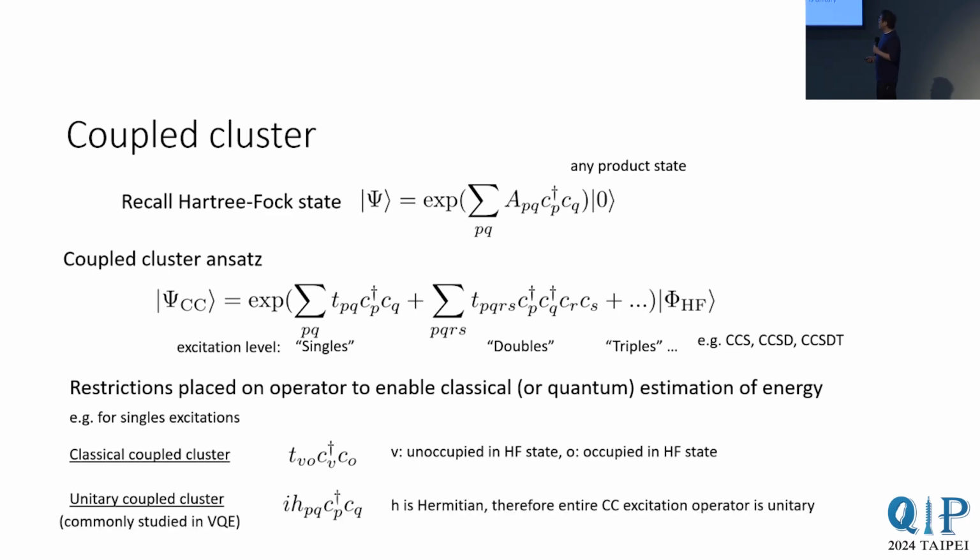But on quantum computers, of course, what you'd really like is for this exponential operator to be a unitary operator. So when people talk about coupled cluster on quantum computers, they usually use a unitary variant, where in the singles case, you choose i times a Hermitian object. So this entire thing is unitary, and you can implement it with a circuit.